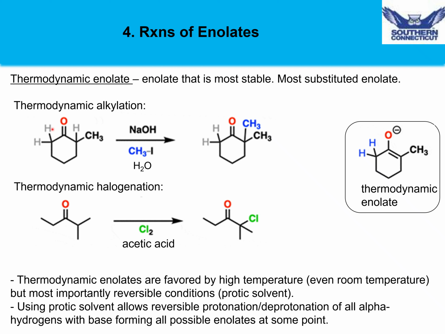And for the most part, when we're doing a reaction under thermodynamic conditions, meaning reversible conditions, the most stable intermediate, in this case the enolate, would be the one that is formed in the highest percentage. So when it comes to enolates, having a more substituted enolate is favored.